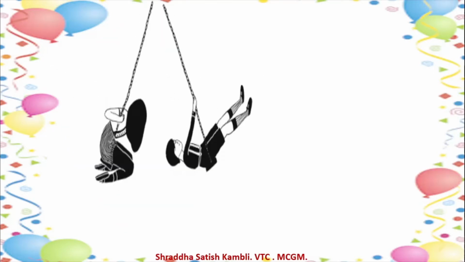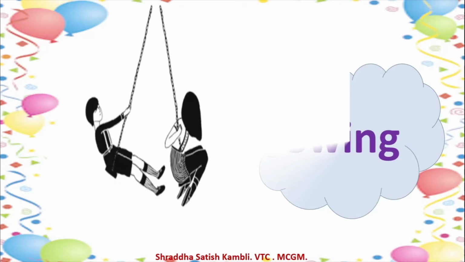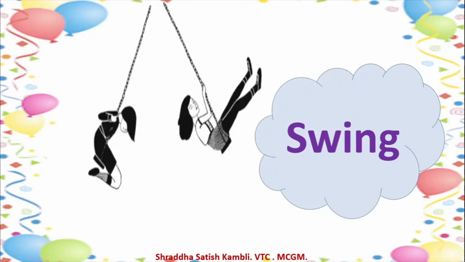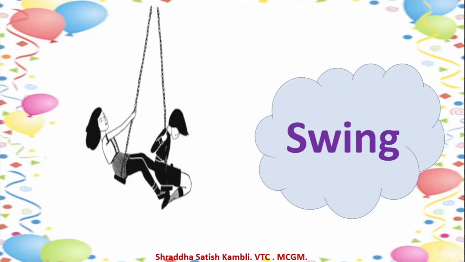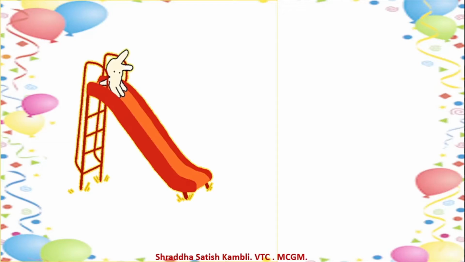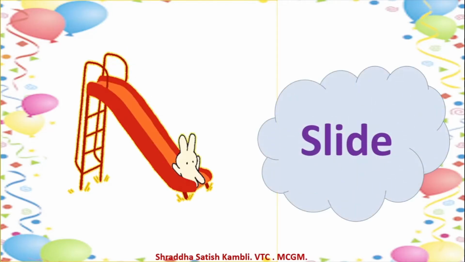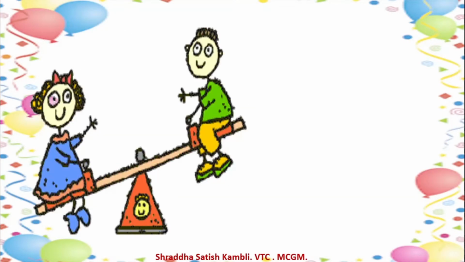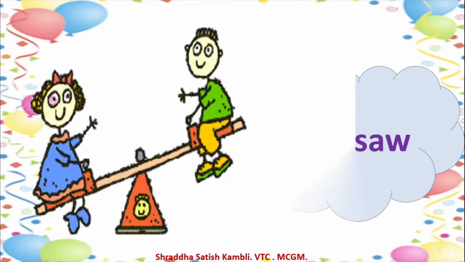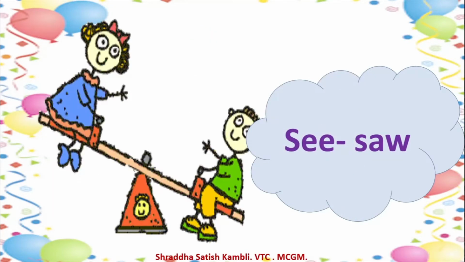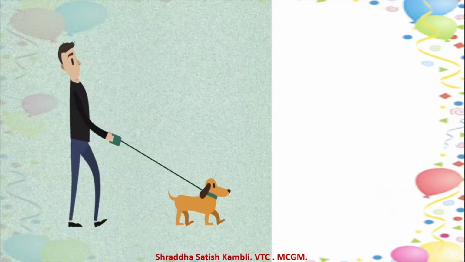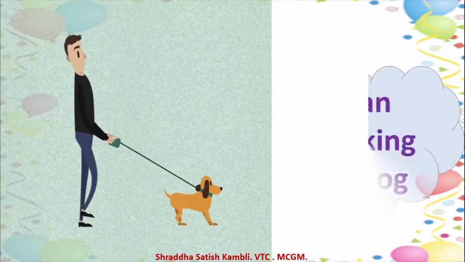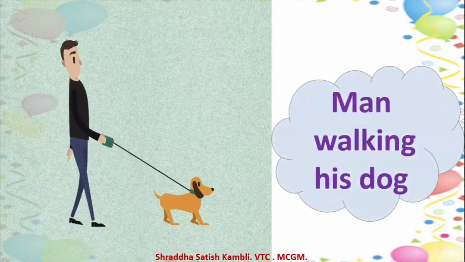And then there were swings. S-W-I-N-G. Swing. Along with the swing, there was also a, yes, a slide. Okay? And then there was a seesaw. So children, so many things were there in the park. And finally, there was a man who was walking his dog.